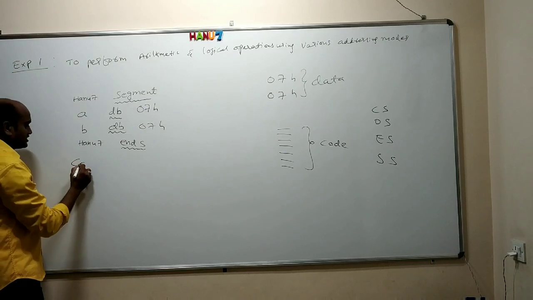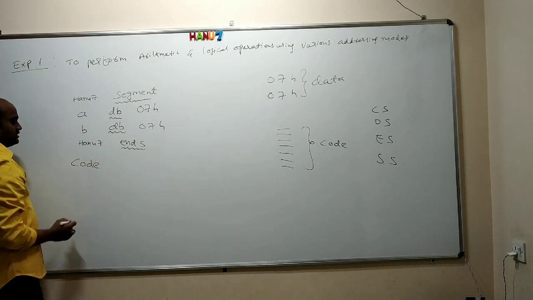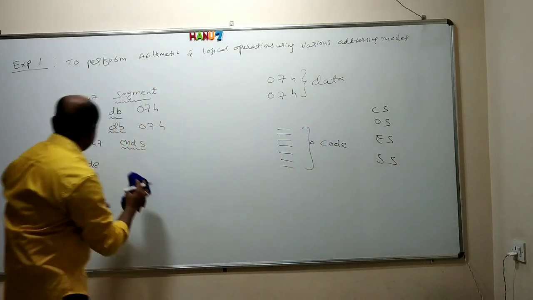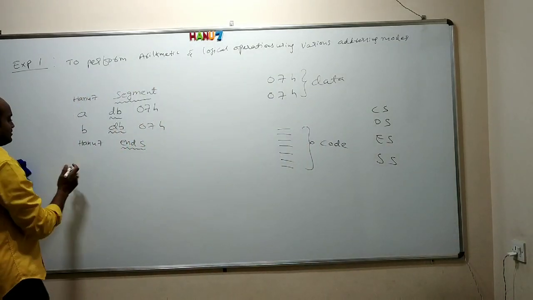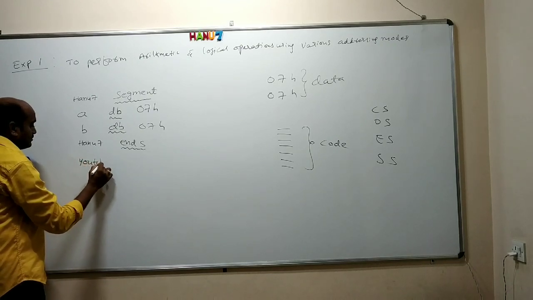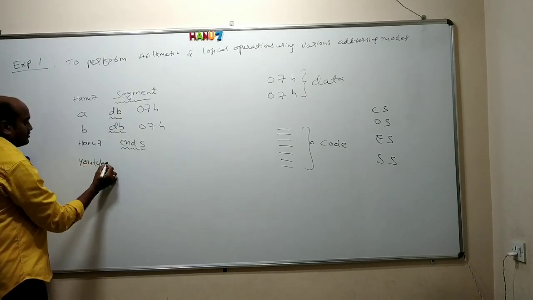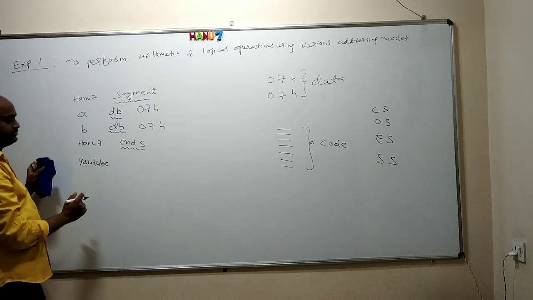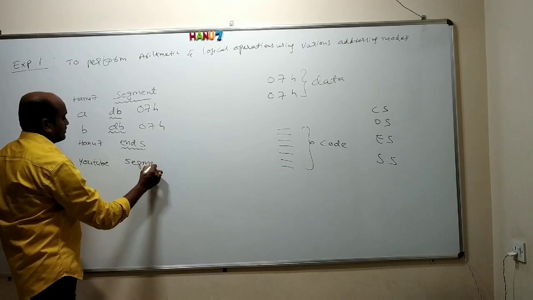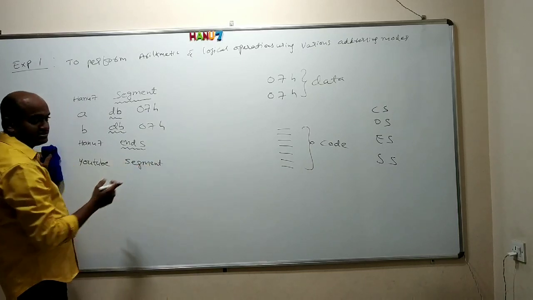Now coming to the code segment. Instead of writing code as the name, I want to write something else. I will give the code segment a name, U2, because it's a variable, so I can use any name.